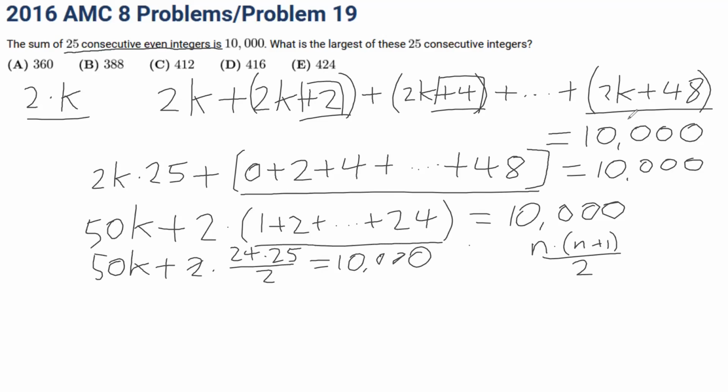And our 2 here cancels out. And we have 50k plus 24 times 25 is equal to 10,000. Now, for this course, I am going to assume that all of you know some form of algebra.